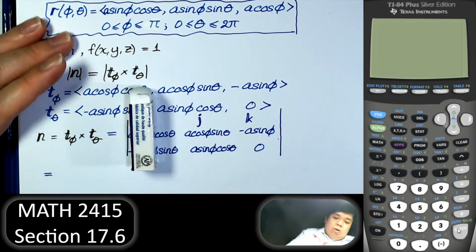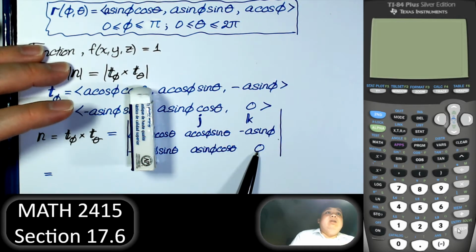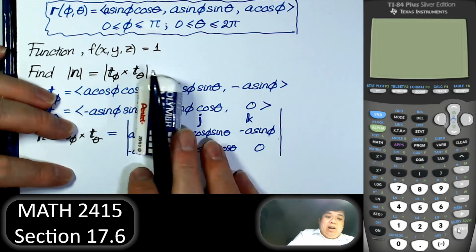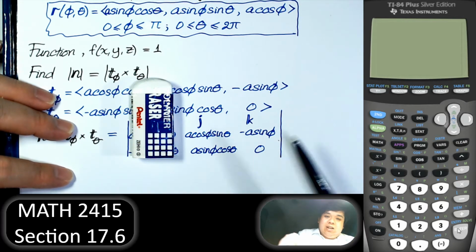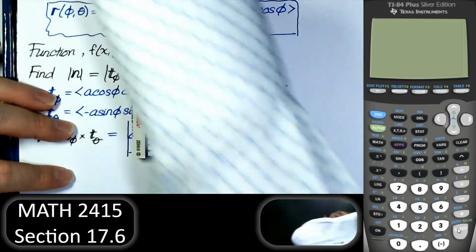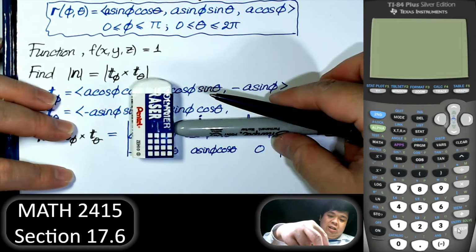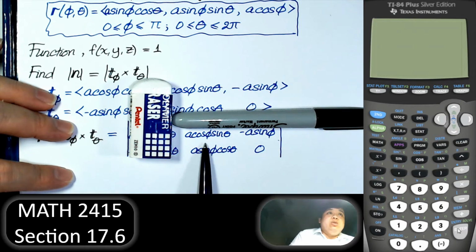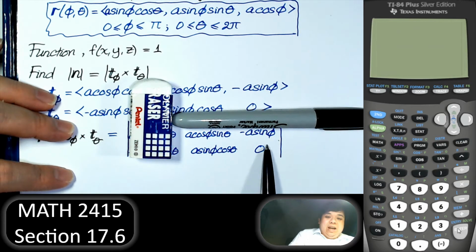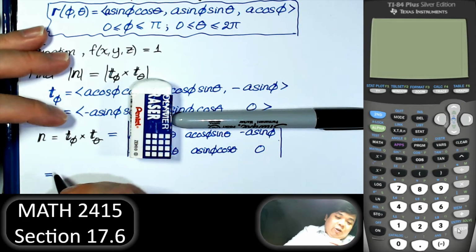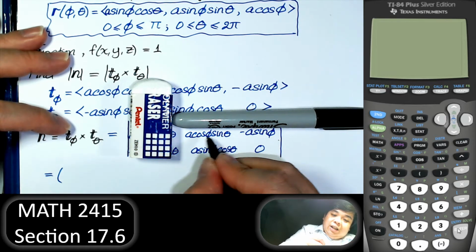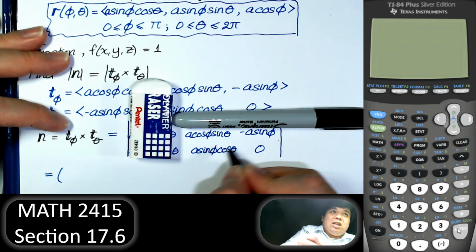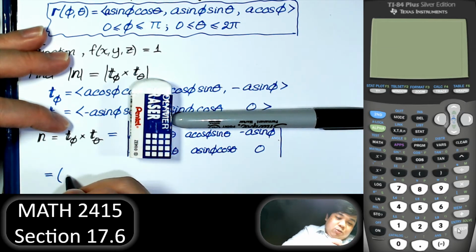Right, for the I component, this 0 makes a lot of things easier, right? So of course we cover the first row as well. So we just have that times 0 and then minus that times that. So for the I component, this direction is positive, so that is negative with another negative, so it becomes positive.